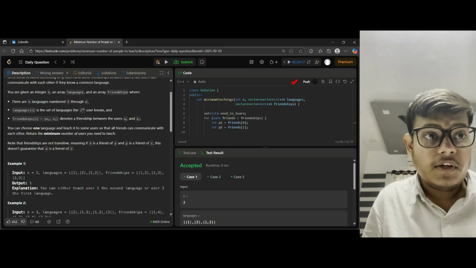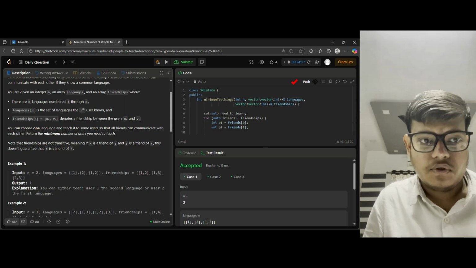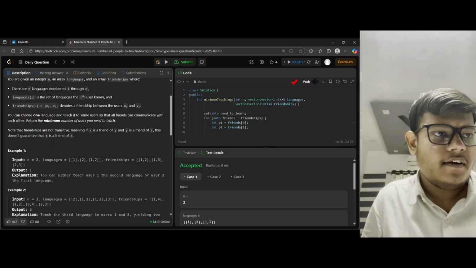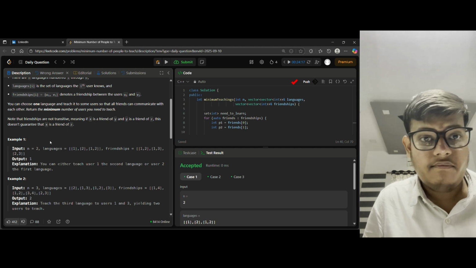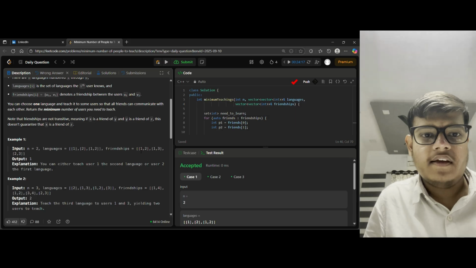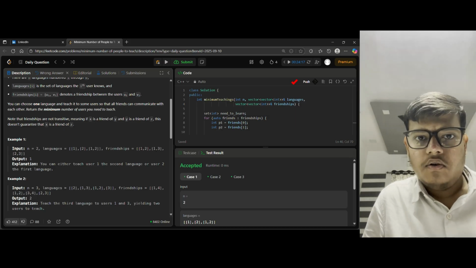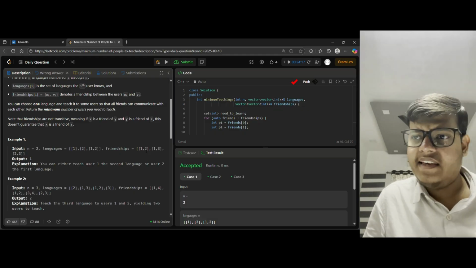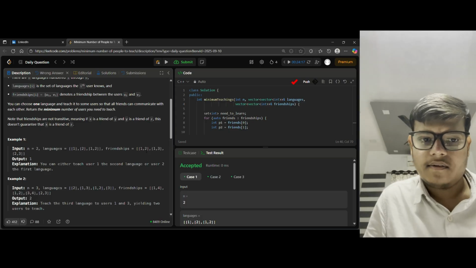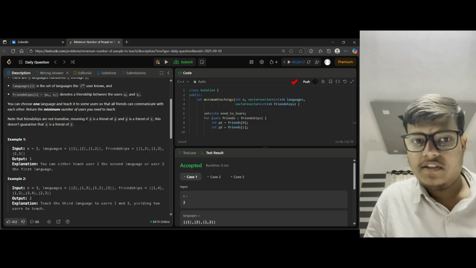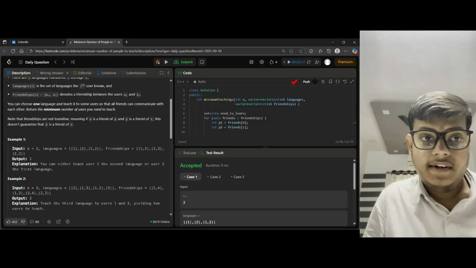You choose one language to teach to some users so that all friends can communicate with each other, which means if ui and vi are friends, then you have to check, do they share any mutual language, a common language? If yes, they can communicate right now already. But if not, you have to teach them one particular language so that they can communicate.